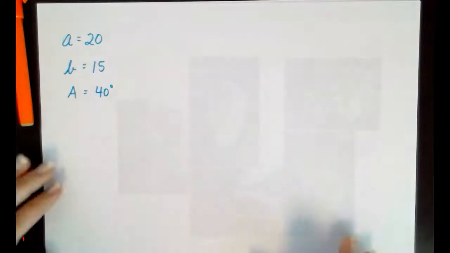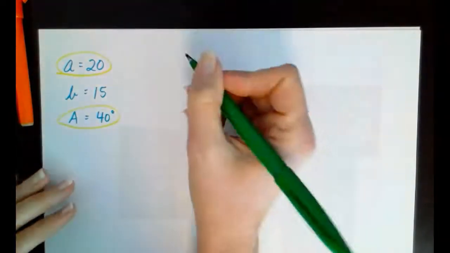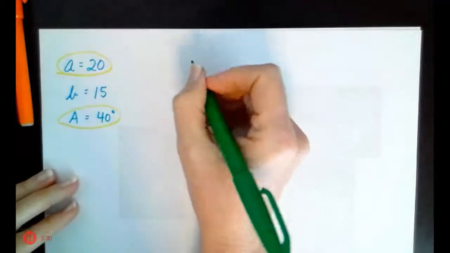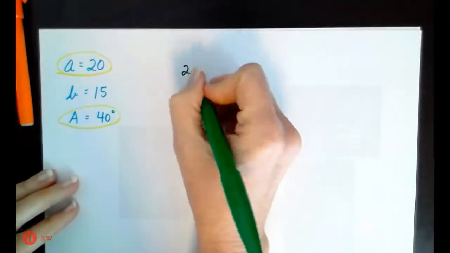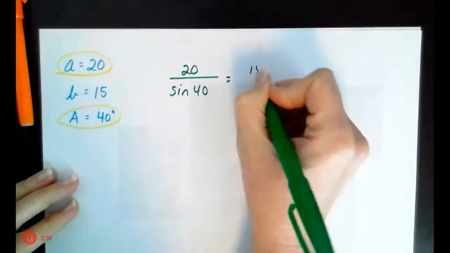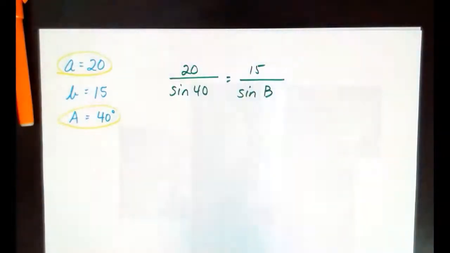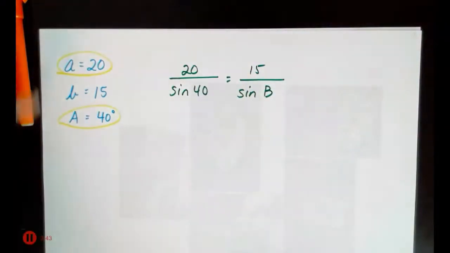Let's do it again. This time, what do we know? We know little a and we know big A. So we're going to do the same thing again, set up our ratio. Little a over sine A equals little b over sine B. This time we have an unknown angle. Think about it.